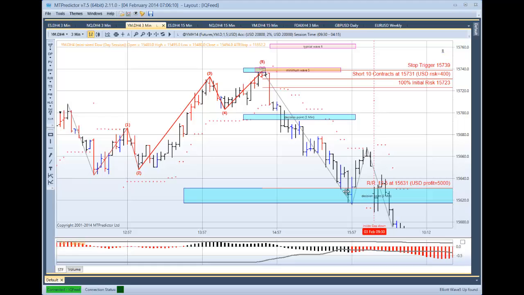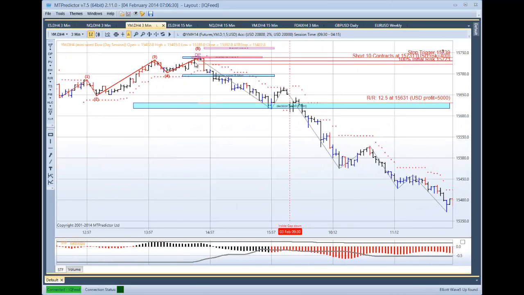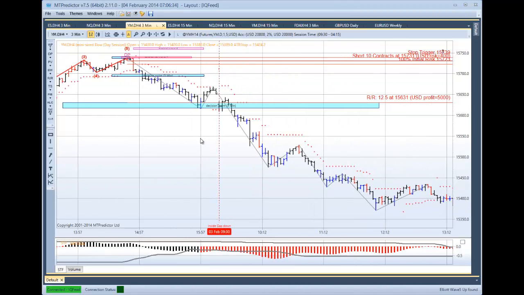This is why we teach people to take MTPredictor to much higher levels, because not only does it help you filter your trades, but it also allows you to anticipate larger moves with the software, and this is a great example of how they could have done that. But I also wanted to remind you that although there weren't any big moves on Monday, this move here is quite small relative to the move we had yesterday.